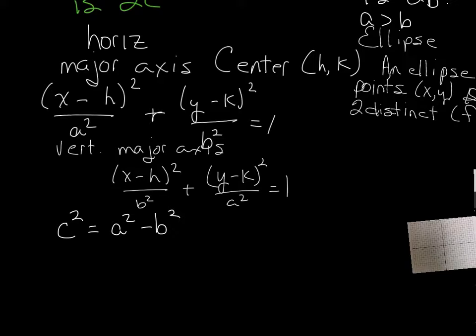2a is the length of the major axis. 2b is the length of the minor axis. 2c is the distance between the foci. So the distance from the center to one focus is c. The distance from the center to one vertex is a, and the distance along the minor chord, the part that goes perpendicular through the center, is going to be b.